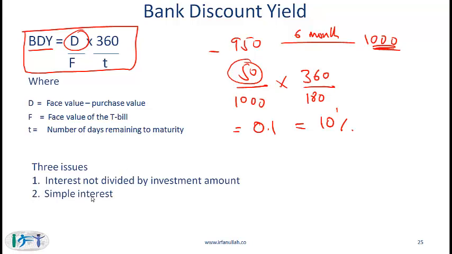The second issue is that we are using simple interest. In other words, 50 over 1,000 gives us a rate, and then given that we have a 6-month instrument, to annualize, we are simply multiplying by 2, 360 over 180. So we are using simple interest rather than compounding. And finally, we are using a 360-day year rather than a 365-day year.